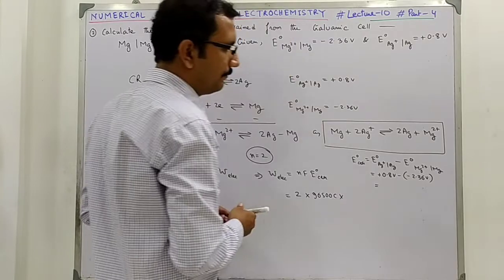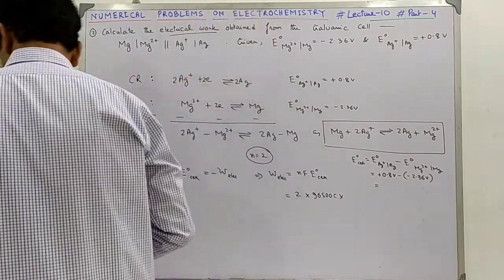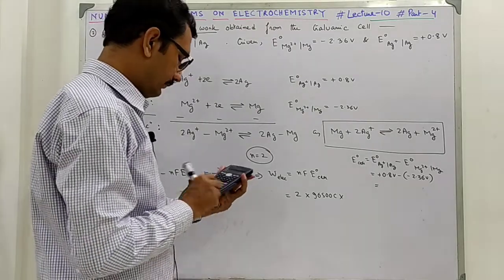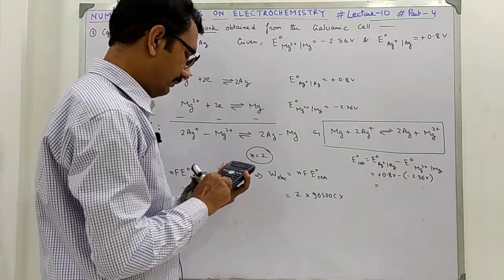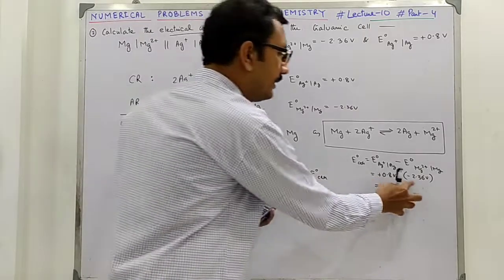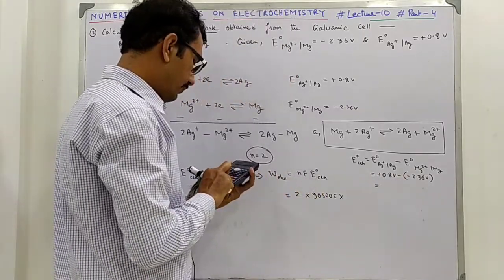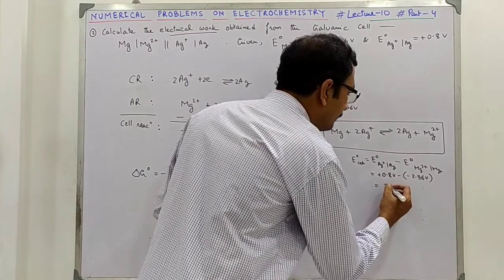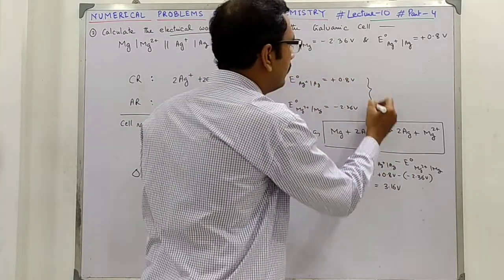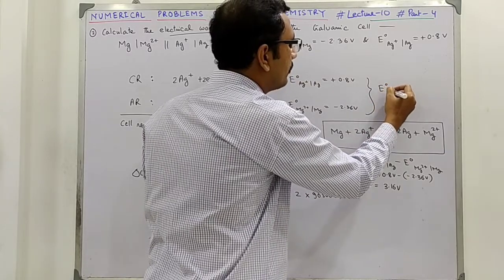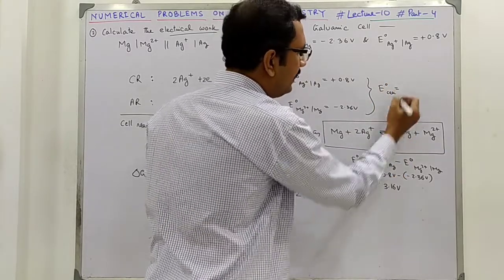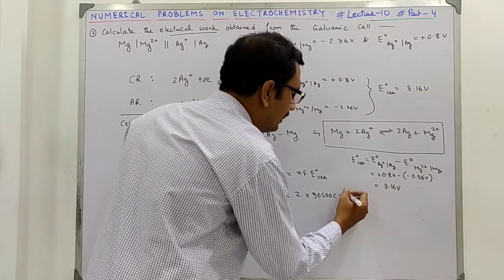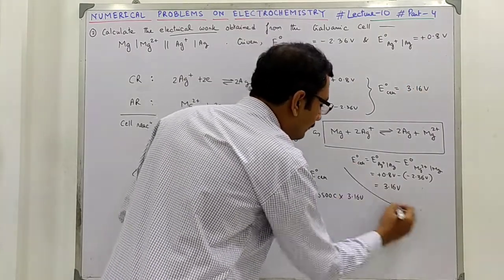So, we need a calculator. 0.8 plus, this minus will be plus 2.36 volt. So, it is 3.16 volt. So, the electromotive force of the cell will be 3.16 volt. So, you put here 3.16 volt.